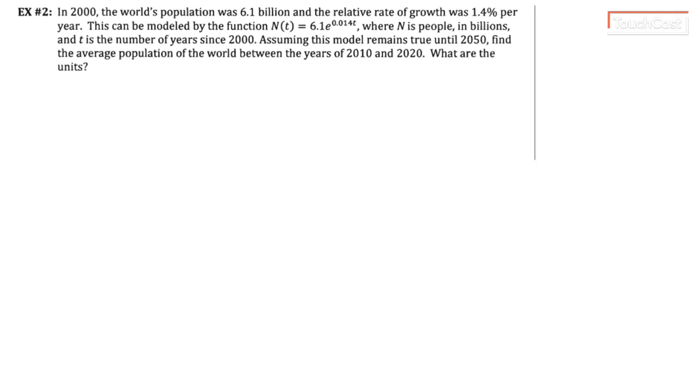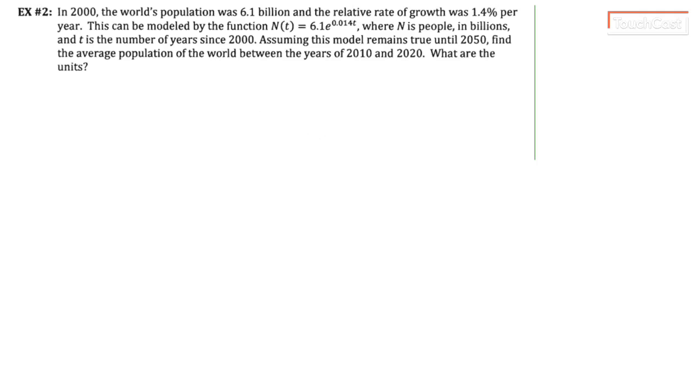We're going to assume this model remains true until the year 2050. And then we want to find the average population of the world between the years 2010 and 2020. And what are those units?